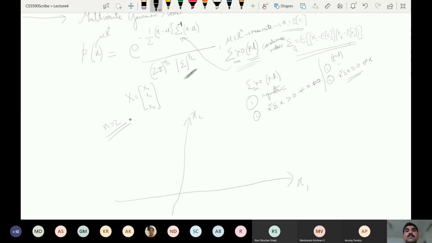So this is a Gaussian distribution which takes on values in R2. In how many dimensions should I plot the density function? 1 dimension, 2 dimensions, 3 dimensions? 3, right? Because 2 for specifying which location I am in, and 1 for the height, the z-axis, which will specify the density value, right?